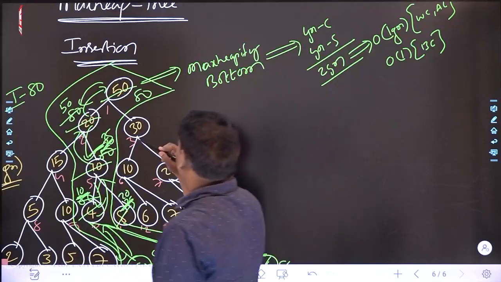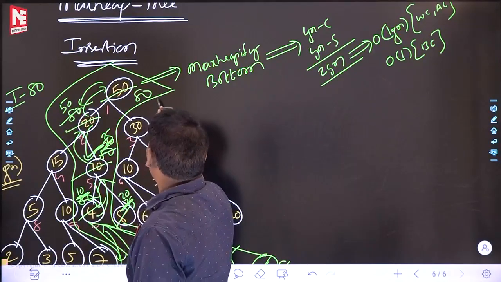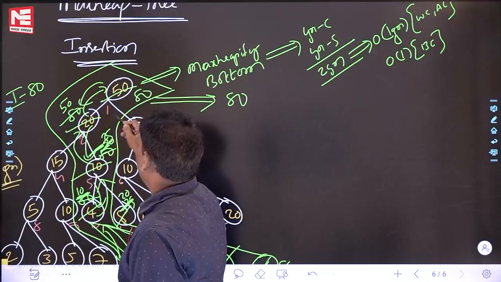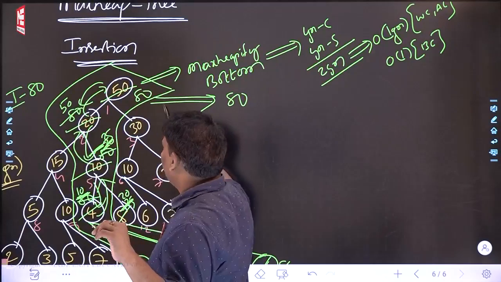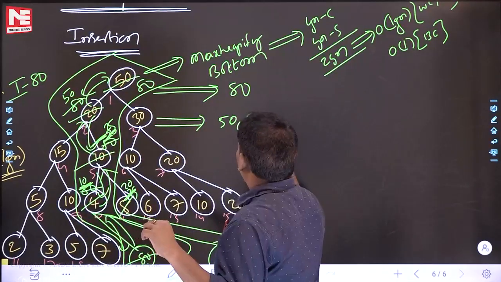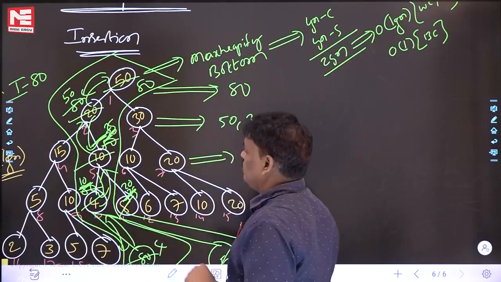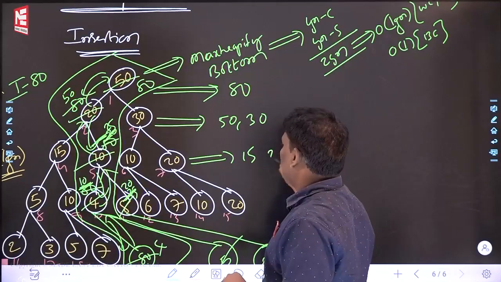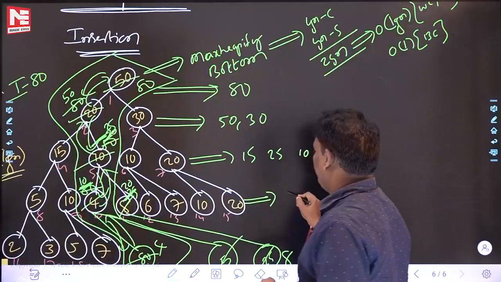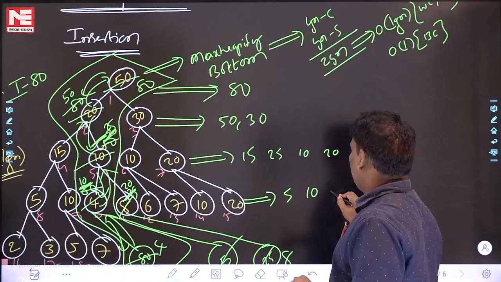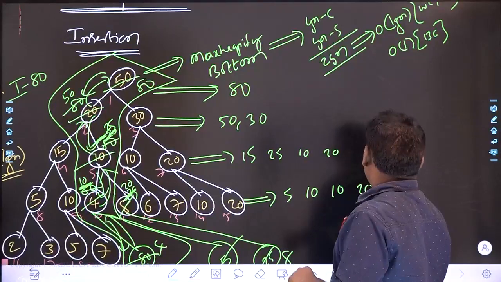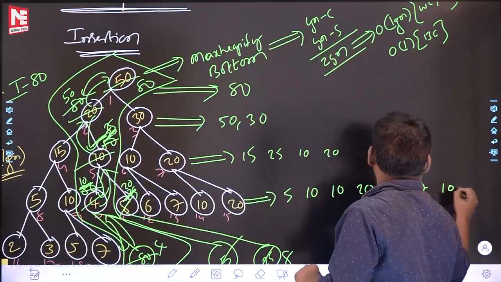Now whatever result came after we completed the 3 insertions, let me check here. First level, 80. It is not visible to some people, that is the reason I am writing 80. Second level, 50, 30. Third level, 15, 25, 10, 20. Fourth level, 5, 10, 10, 20, 6, 7, 10, 20.